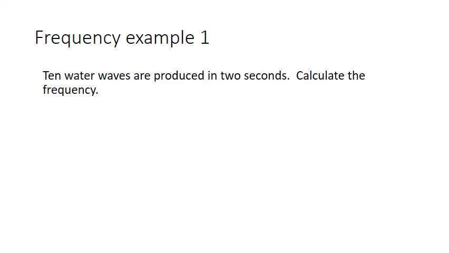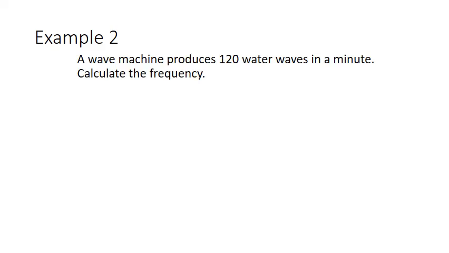Let's look at some calculations you might need to do. If 10 waves are produced in 2 seconds, calculate the frequency. Well, frequency is the number of waves in a second. So we could do n divided by t, and we get 10 divided by 2 gives us 5 Hertz. Second example, a wave machine produces 120 waves in a minute.